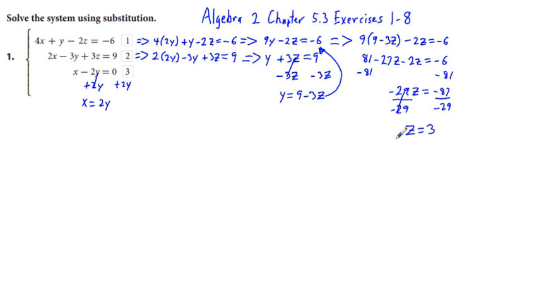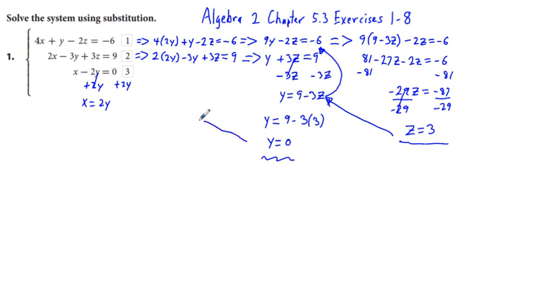Okay, and the next thing we're going to do is take this equation here. So I'm drawing arrows to where we're going. So we have y equals 9 minus 3, and replacing z with 3, we have 9 minus 9, so y is equal to 0.